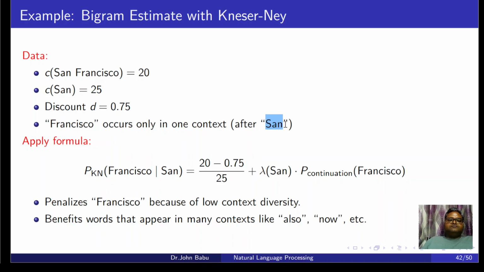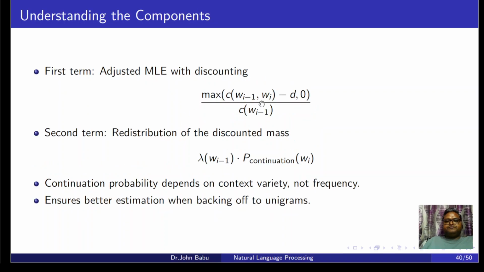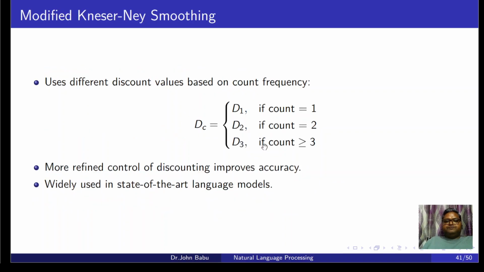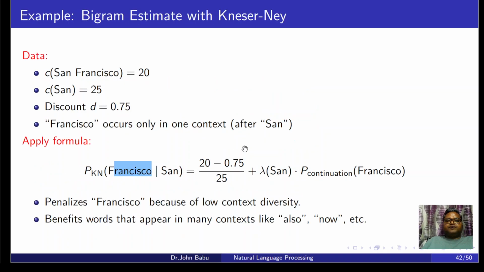If there is no San, there is no Francisco. So we calculate the probability of Francisco given San as 20 minus d, the count minus d, divided by the total count, plus lambda times P continuation. That means we are penalizing Francisco because of its low context diversity. It is occurring only with San.